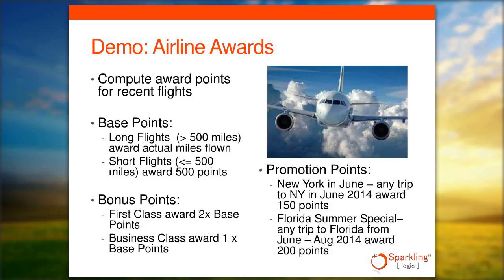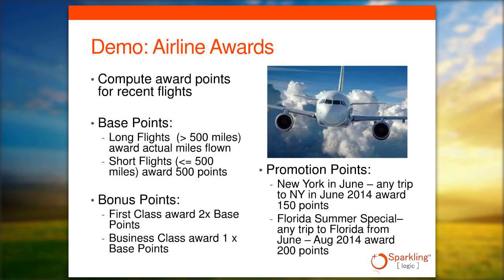For example, if the traveler took a flight to New York in June of 2014, we're going to award 150 points. Also, we have another promotion, our Florida summer special: any trip to Florida during the summer, from June to August of 2014, we're going to award 200 points. So that's basically what we'll be doing in the demo.